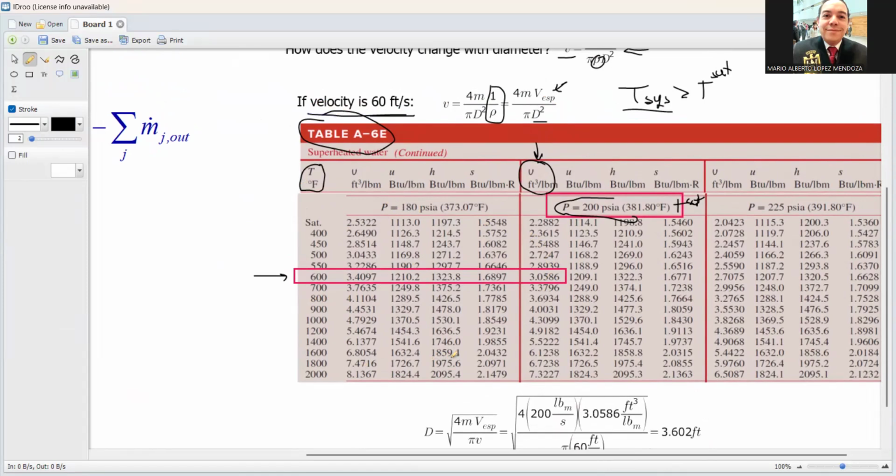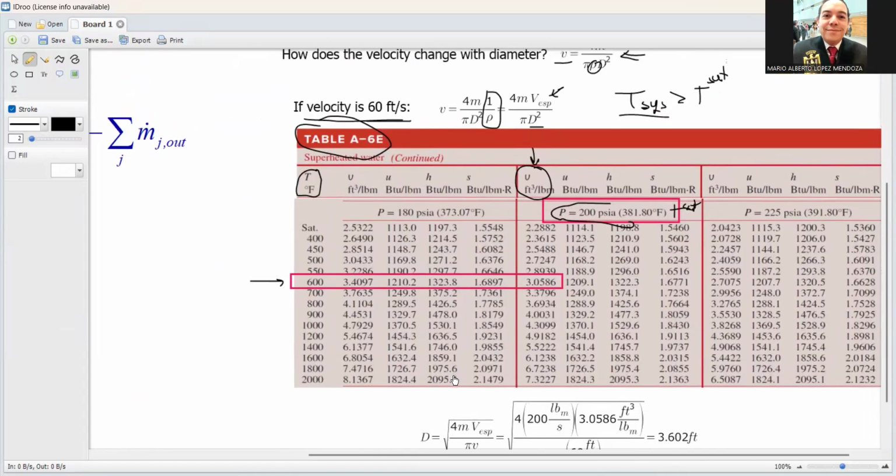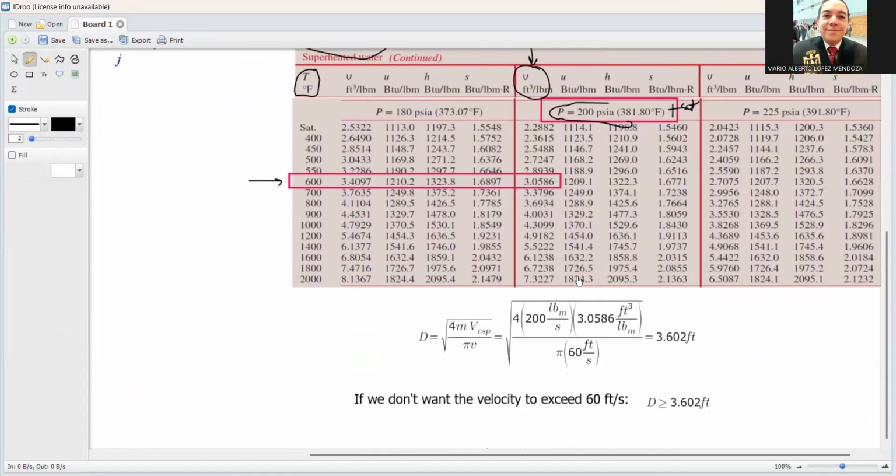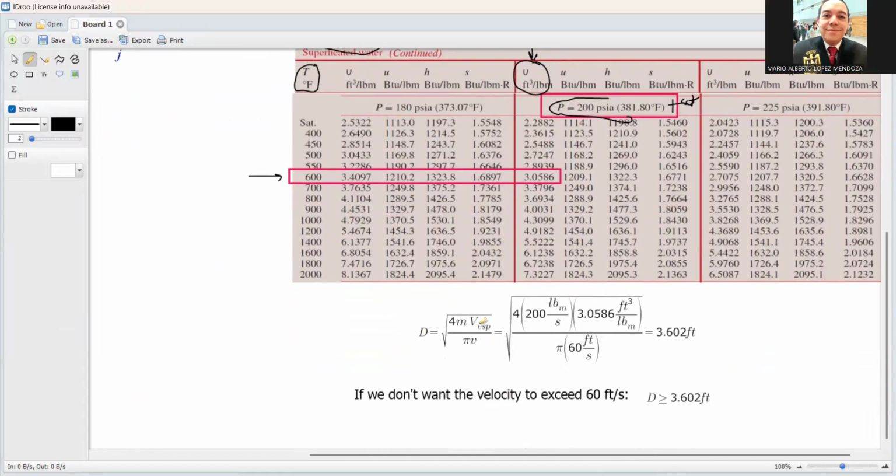So we just need to rewrite this equation with the diameter as a function of all the known values. So we need to use a square root, and velocity will be in the second term of the quotient.